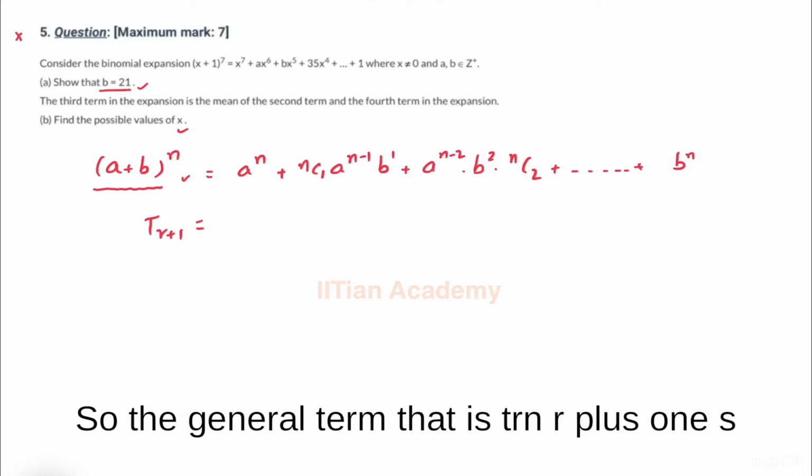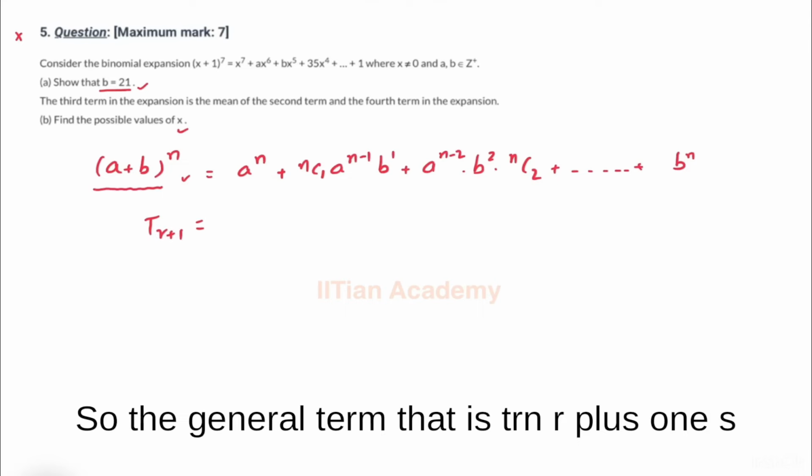So the general term, that is the (r plus 1)th term, is written as nCr a raised to the power n minus r into b raised to the power r. So we must remember this general term.